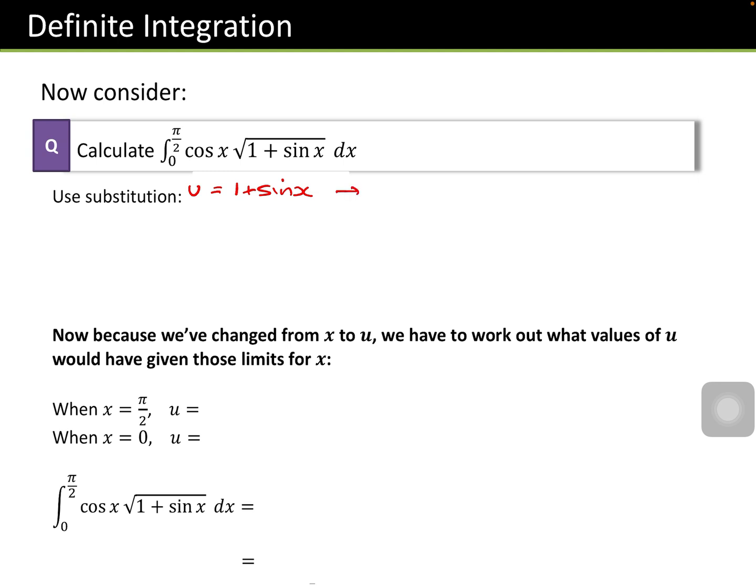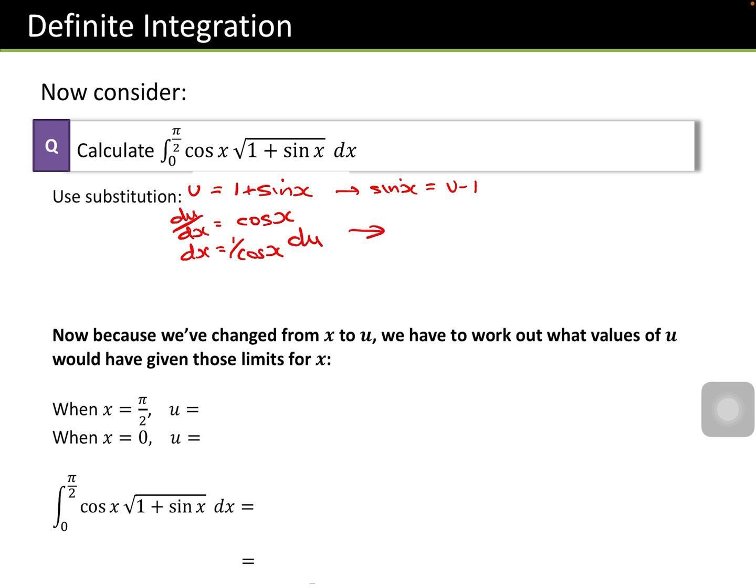So, we can have sine x equals u take away 1, and we can have du dx equaling, sine differentiates to cos. So, dx is 1 over cos x du. We can substitute both of those in.